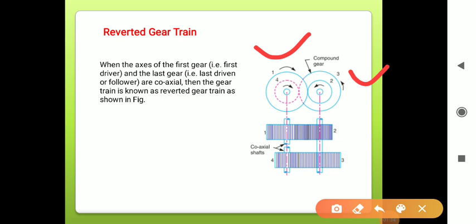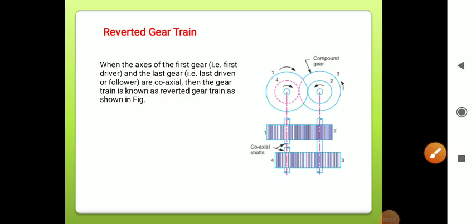This gear 3 is also a driver, but it is the second driver. The first driver gear is gear number 1, and the last driven or follower is gear 4. Gear 2 is also driven. If the first gear and last gear are coaxial with each other, then the gear train is known as a reverted gear train.